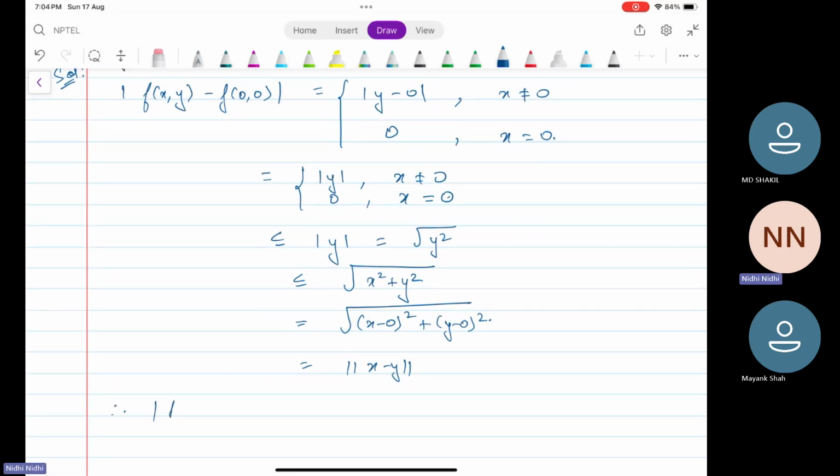Therefore, mod f(x,y) minus f(0,0) is less than or equal to the norm of (x,y). This is strictly less than epsilon whenever the norm of (x,y) is less than delta, which is equal to epsilon. So in this case, our delta is equal to epsilon.